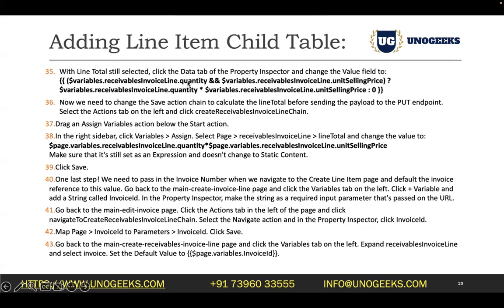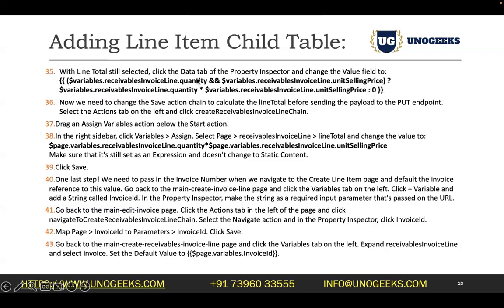So we check if both quantity and USP have values. We'll put a question mark, and the question mark acts like a ternary operator. If both these fields have values, we would display quantity into unit selling price, the product, in that particular field. Otherwise, if either of them is blank, we would display a value of 0.